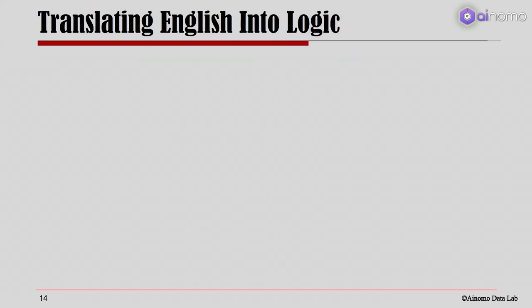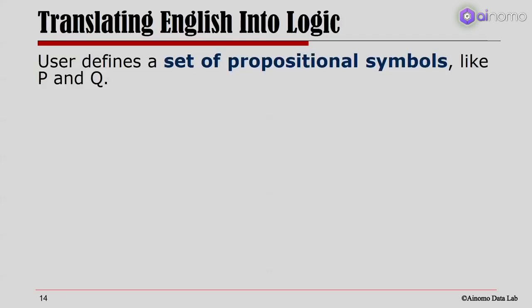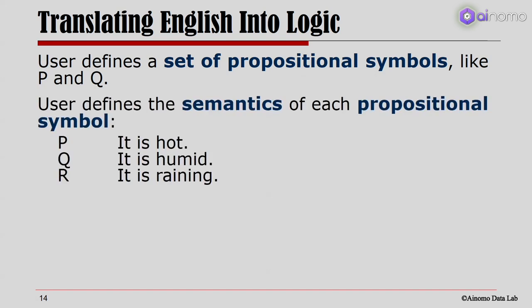Now let us try to translate English into logic statements and look at the intricacies of the logical connectives as well as implications and biconditionals. In order to translate English into logic, the user defines a set of propositional symbols like P and Q, and thereafter the user needs to define the semantics for each propositional symbol.